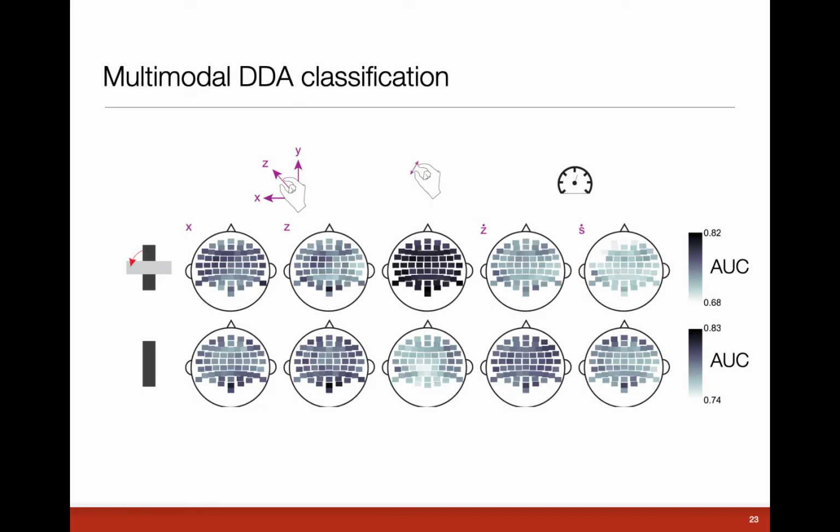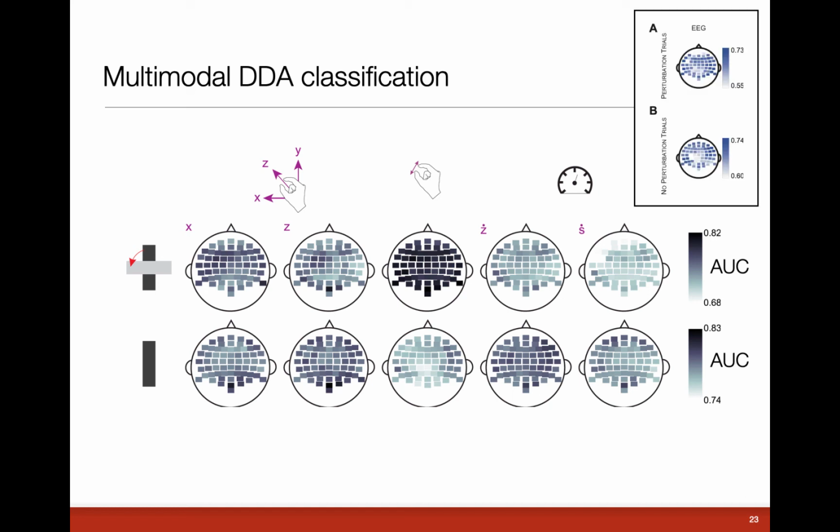When spread across the scalp, the combination of EEG and behavior appears to influence the topography of classification performance relative to the original EEG data. Improvements were found in multimodal DDA classification relative to unimodal classification, particularly in aperture during perturbation trials and velocity during no perturbation trials.